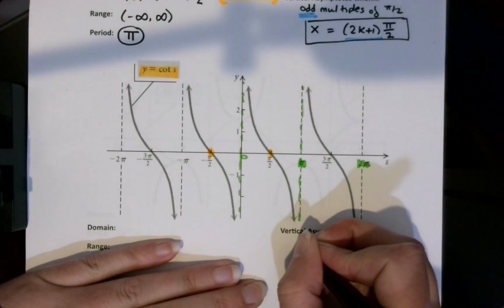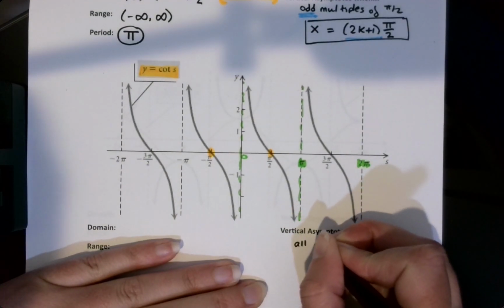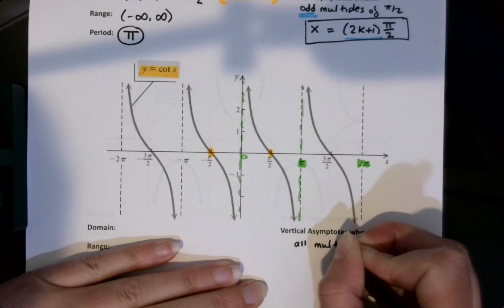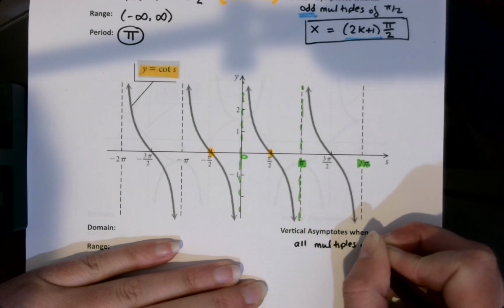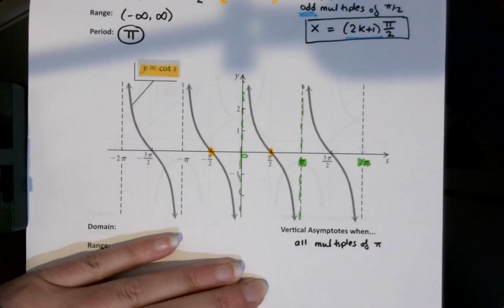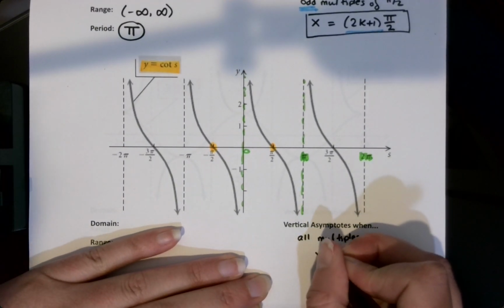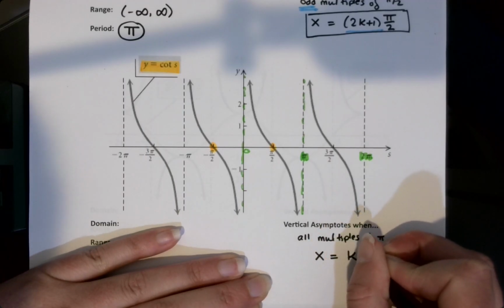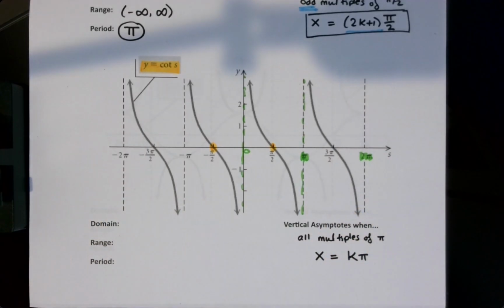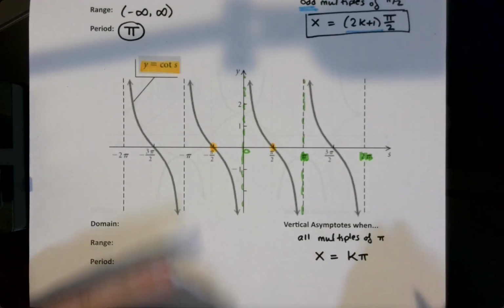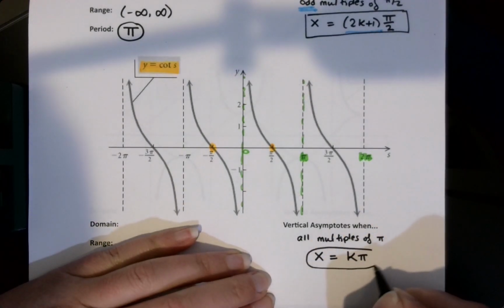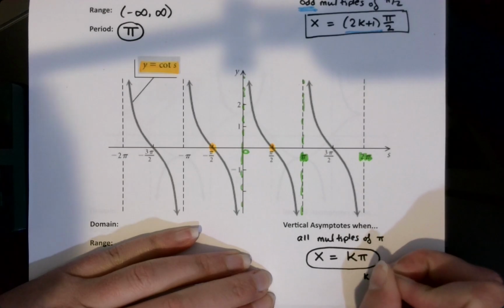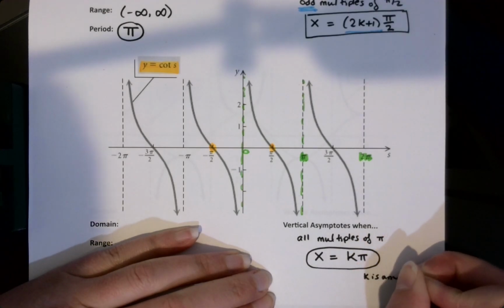So we're going to say it's at all multiples of pi. That's how I would say it in words, but of course we do need to write equations. So x is going to be equal to k pi. Again, remember that k stands for any integer, right? So k is any integer.